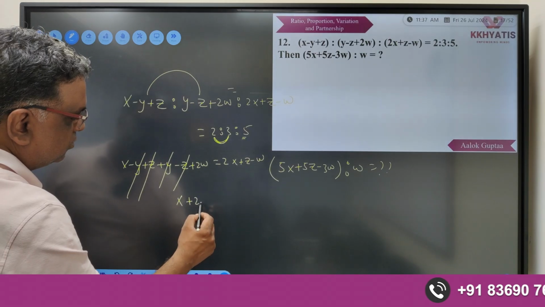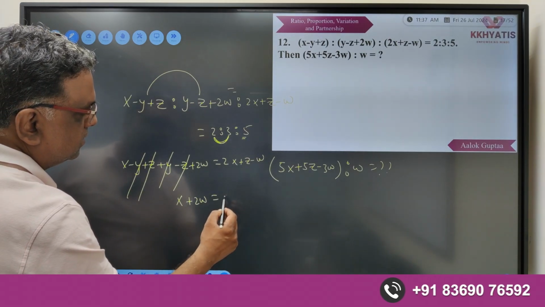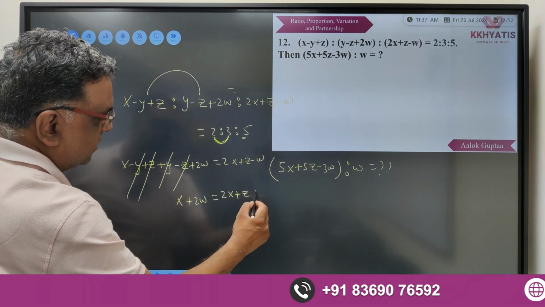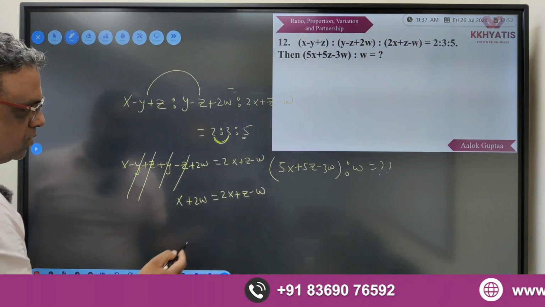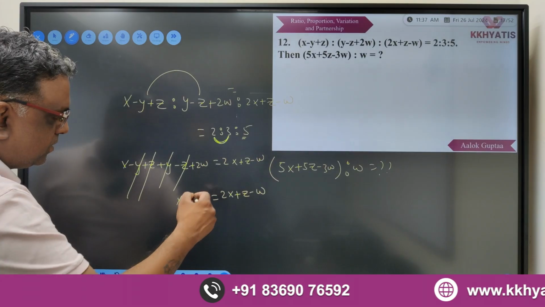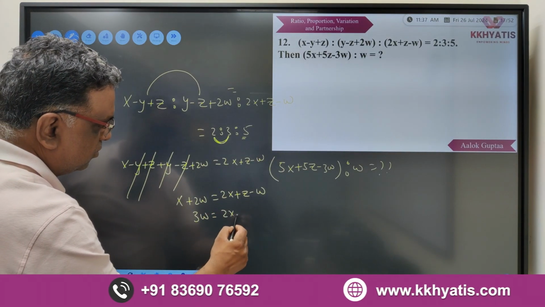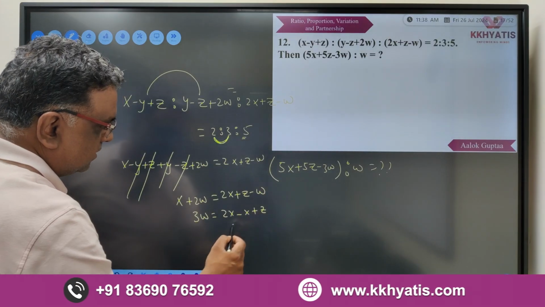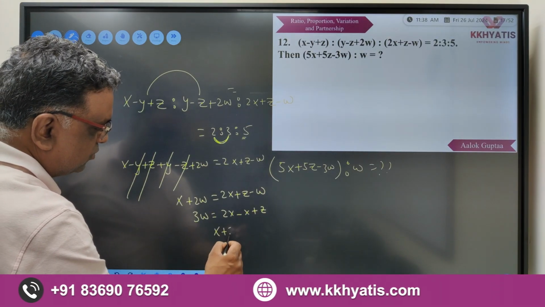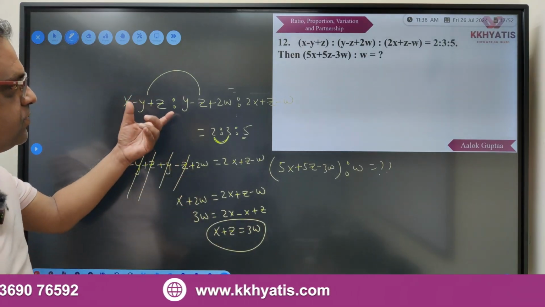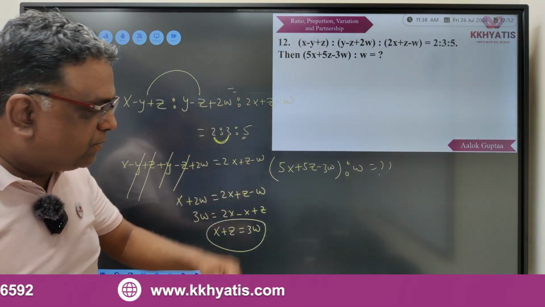So x plus 2w is 2x plus z minus w. So I will take this w on this side, so 3w, and x on that side. So 2x minus x plus z. So x plus z actually is 3w. So this is a relation I could establish from what we can see in the ratio.